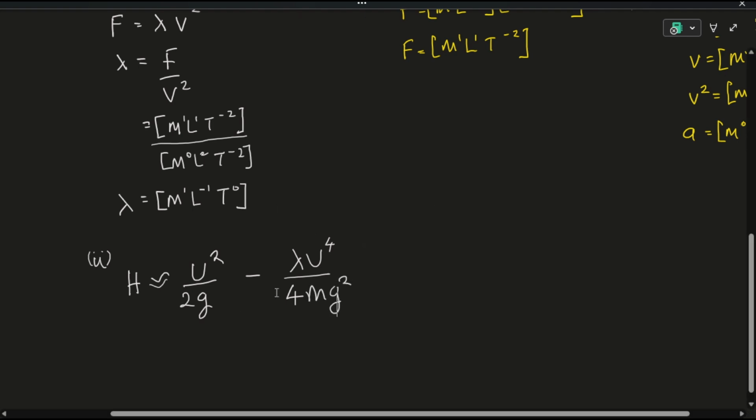And we are asked to determine whether this equation is dimensionally correct. What that means is that we're going to write the dimensions of the quantities on the left side of the equation and do same for quantities on the right side of the equation and compare their dimensions.